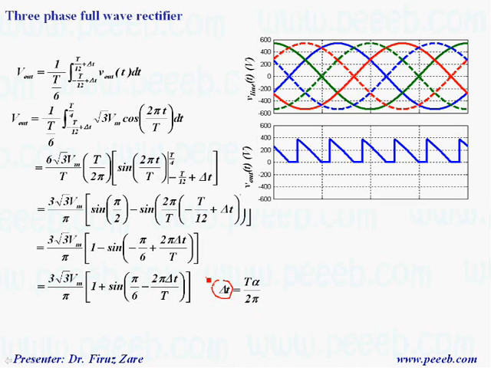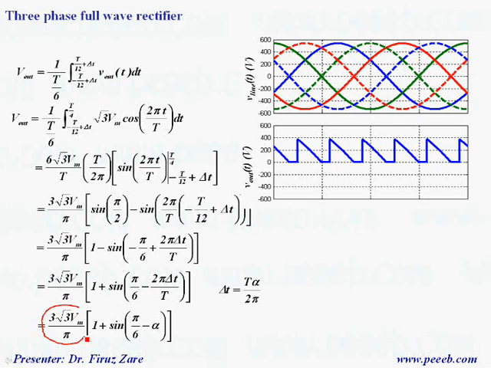So if we put that in, we get the output voltage, which is equal to 3 root 3 Vm over pi times 1 plus sine of pi over 6 minus alpha.